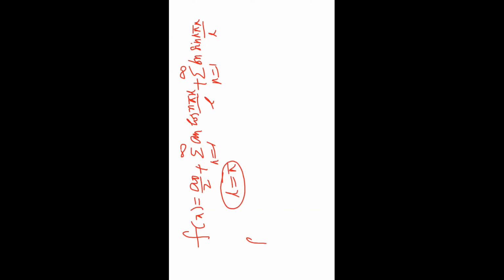Putting L equal to pi in the above expression, f of x equal to a naught by 2 plus sigma n equal to 1 to infinity a n cos n pi x by pi. Pi cancels, only cos nx.